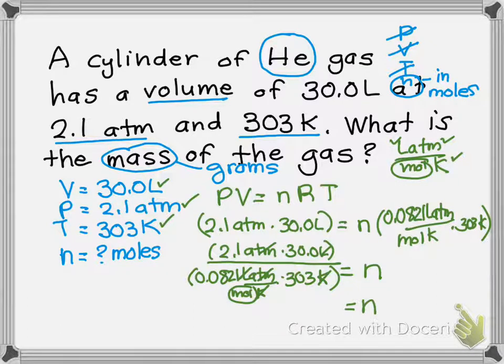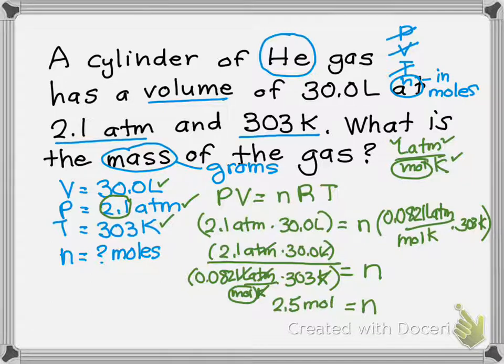So plug this into your calculator: 2.1 times 30 divided by, and I put mine in parentheses, 0.0821 times 303. And I get 2.5325. I'm going to round it to two significant figures, so I get 2.5 moles.